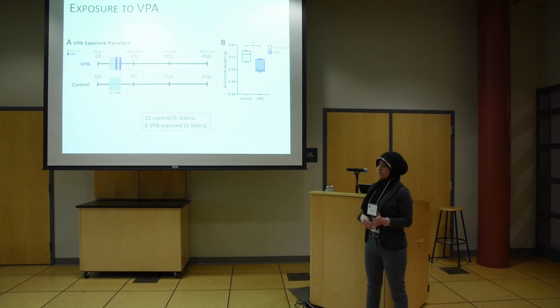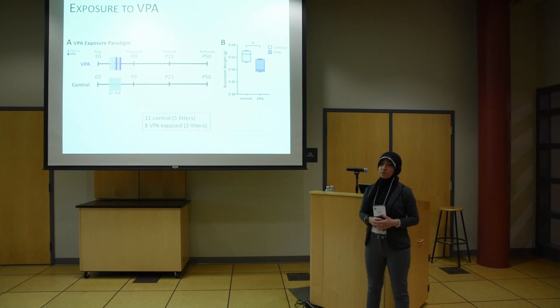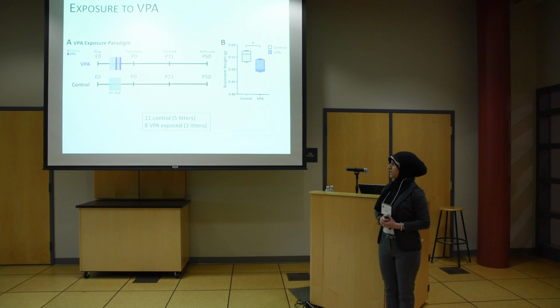The females were then allowed to give birth normally, and the pups were let go until postnatal day 50, when they were perfused and the brainstems were removed and weighed. Now our data is based on 11 control rats from 5 litters and 8 VPA exposed rats from 3 litters. So if you look at B here, you can see that on postnatal day 50, when those brainstems were weighed, the brainstems of the VPA group weighed significantly less than those of the control.